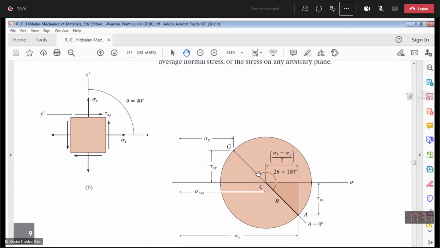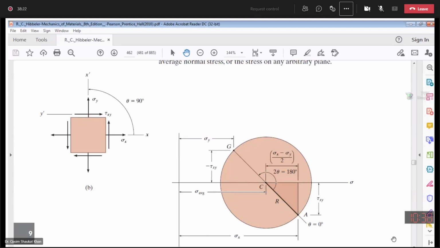On the other side, if you take shear stress positive upwards and negative downwards, then this 90 degrees counterclockwise rotation will be presented by 180 degrees clockwise on the Mohr circle. The rotation direction will change.